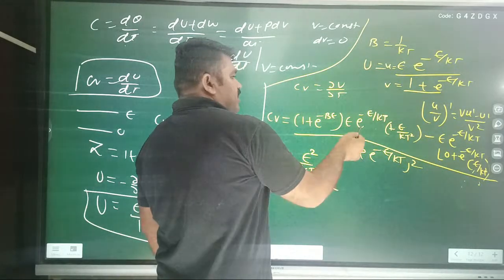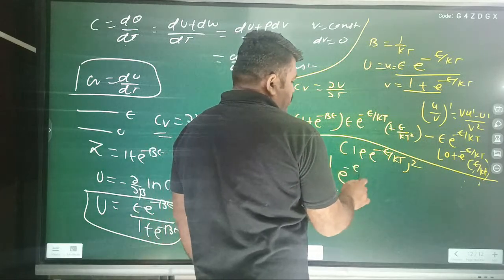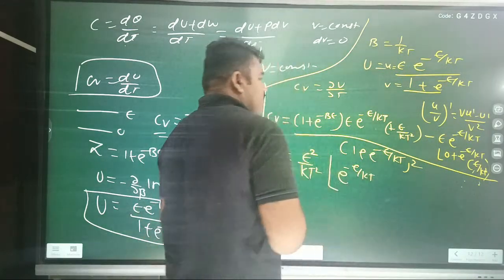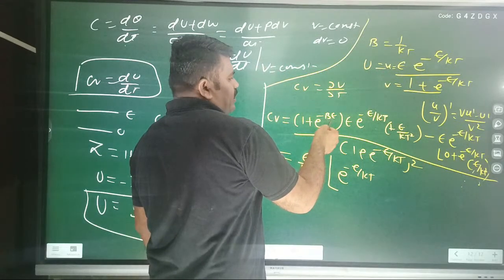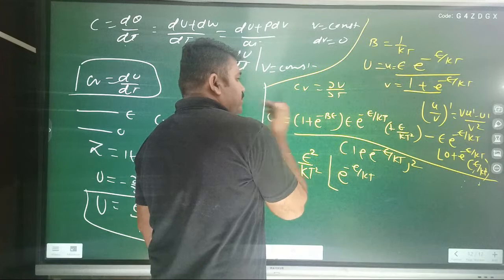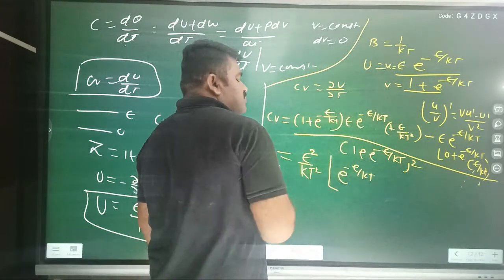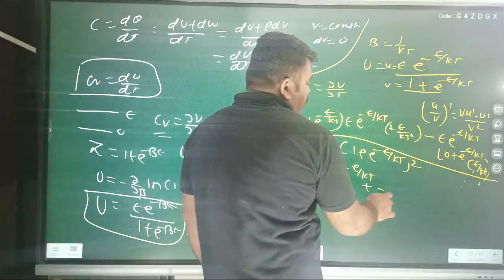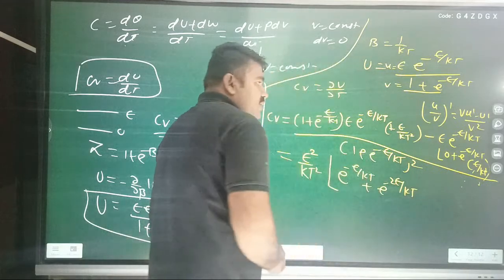Okay, what is the inside? e to the power minus epsilon upon kT into 1, e to the power minus epsilon upon kT. Okay, first one. Second one: e to the power minus epsilon upon kT and this also e to the power minus epsilon upon kT. Minus 1 means this becomes e to the power minus 2 epsilon upon kT. Okay, first one is over.